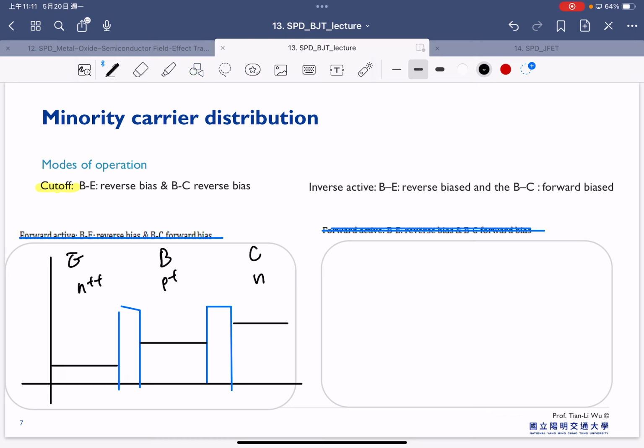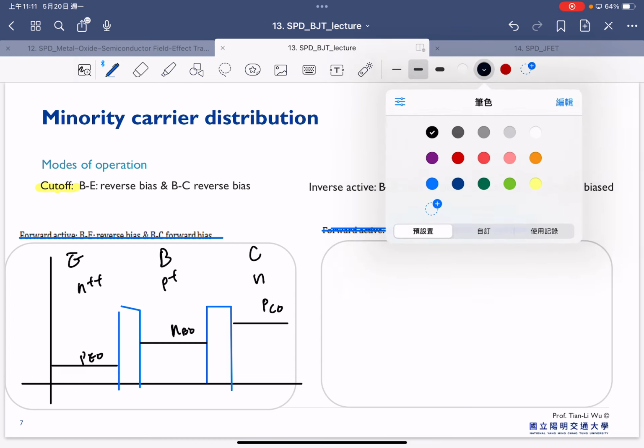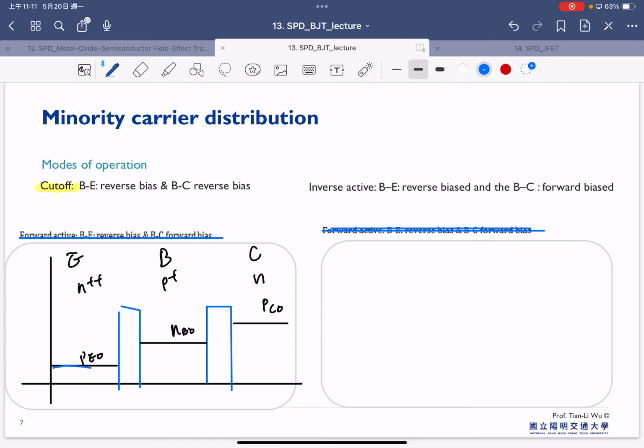So we have the PE0, PNB0, and PC0. Because the cutoff is reverse bias here and reverse bias here, that means the concentration here must be 0. So that's PX prime.